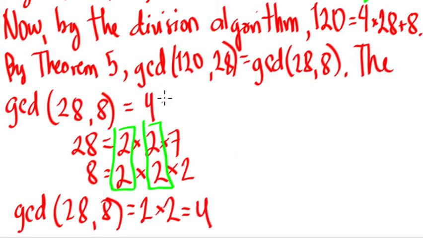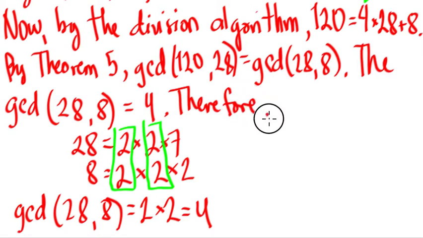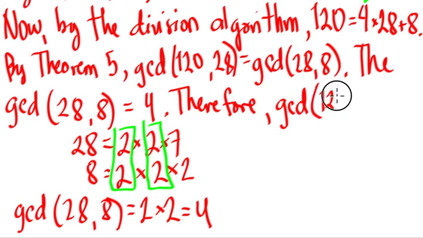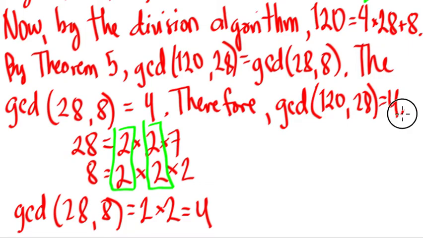So indeed, this is correct. Therefore, the GCD of 120 and 28 is equal to 4. That's the end of our solution.